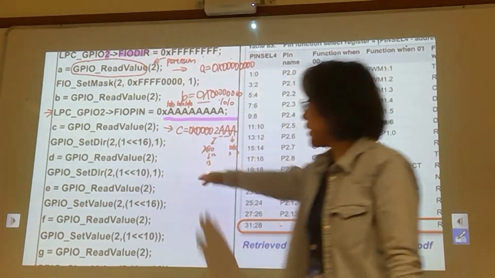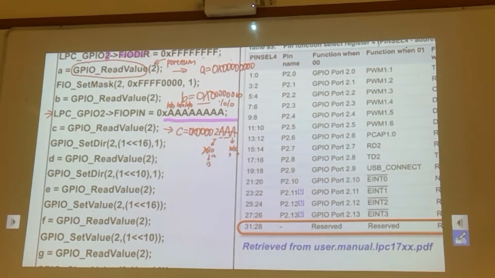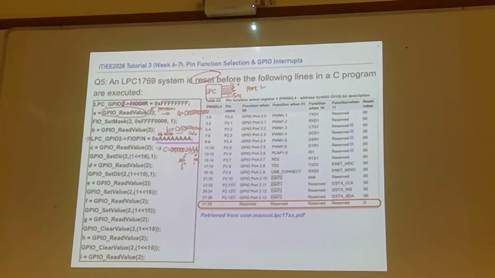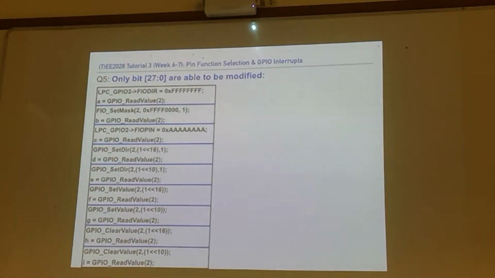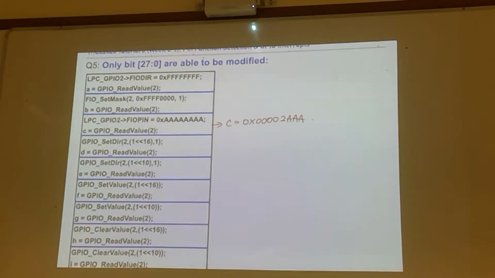Next, what are we doing? GPIO set direction, port 2, pin 16, output. Okay, maybe let me write it here. So C is 00002AAA.